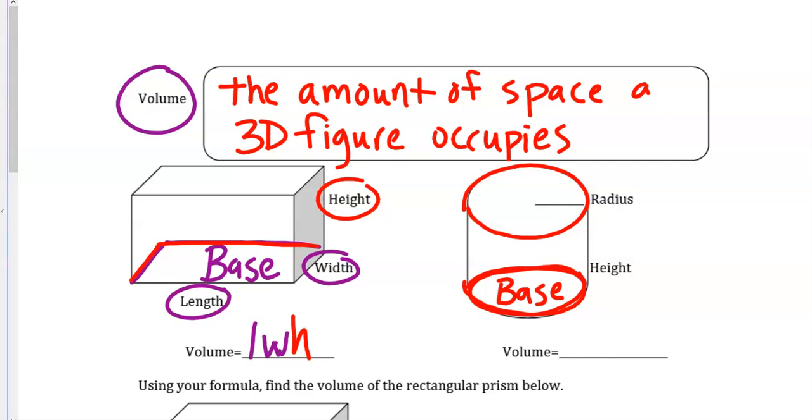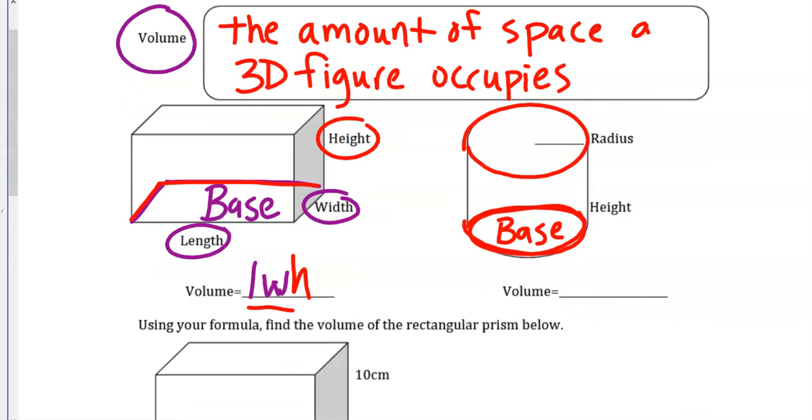So for a rectangular prism, we multiply length times width times height. For a cylinder, the formula is going to be a little different. So with the cylinder, we're going to find the area of the base as well, but we know that this base is a circle, and the area of a circle is found by pi r squared. So that is the area of a circle. But again, we don't just want the two-dimensional shape.